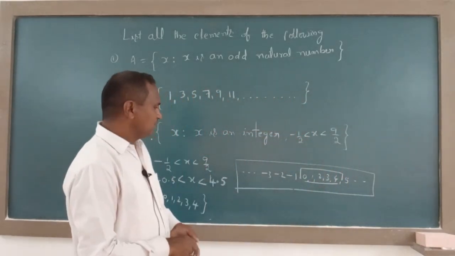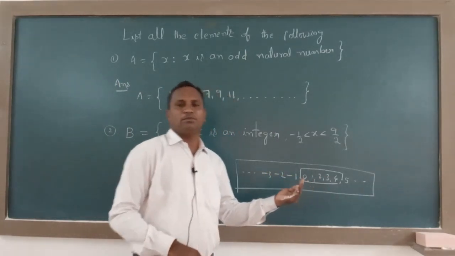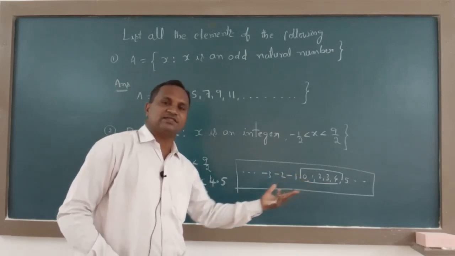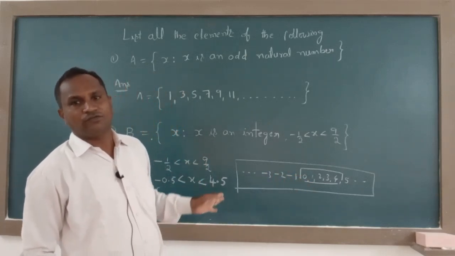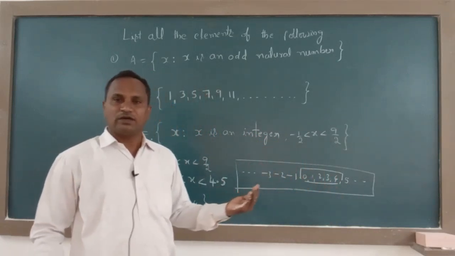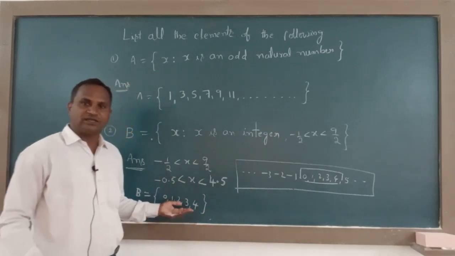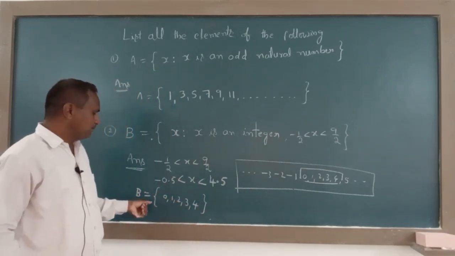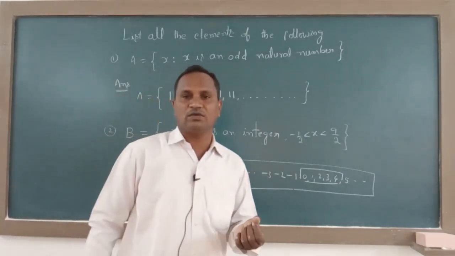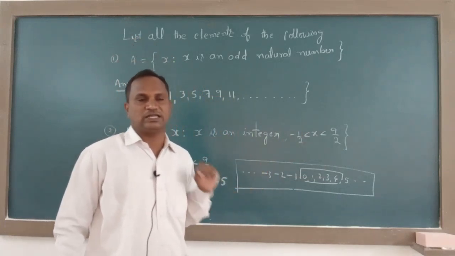After minus 0.5 and before 9 by 2, that is 4.5, we must list the integers. Then the answer for this second question is B is equal to the set of elements 0, 1, 2, 3, 4.